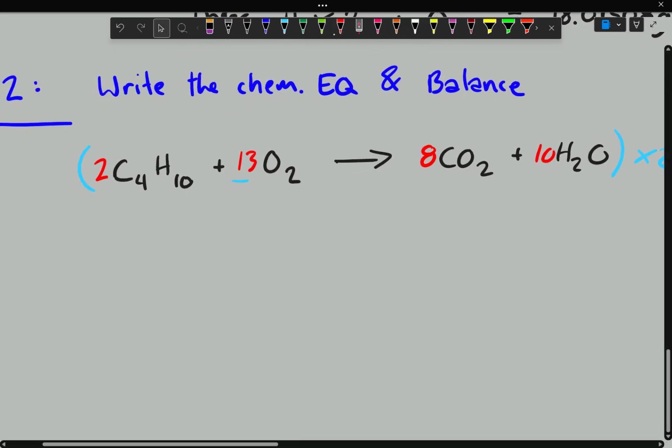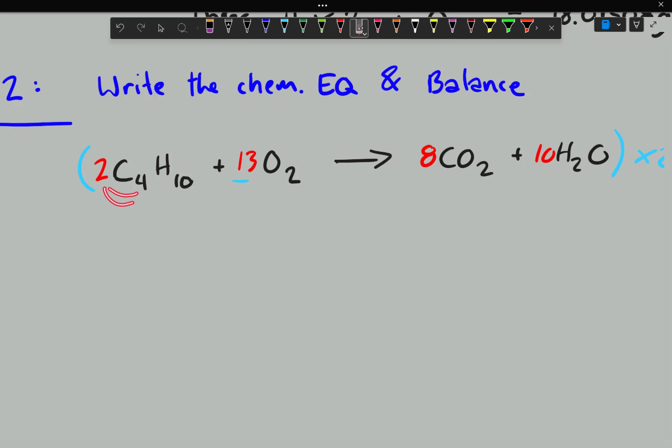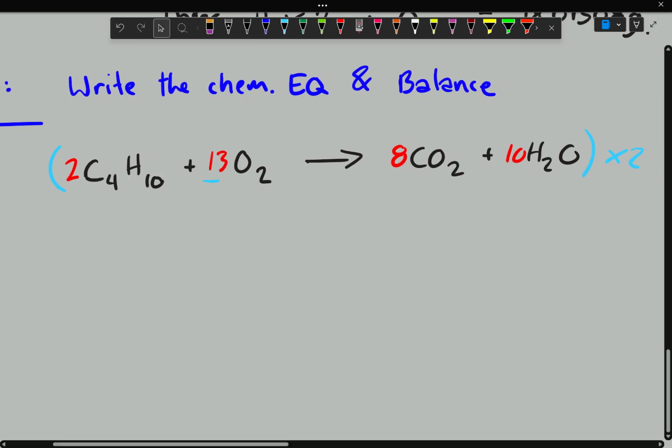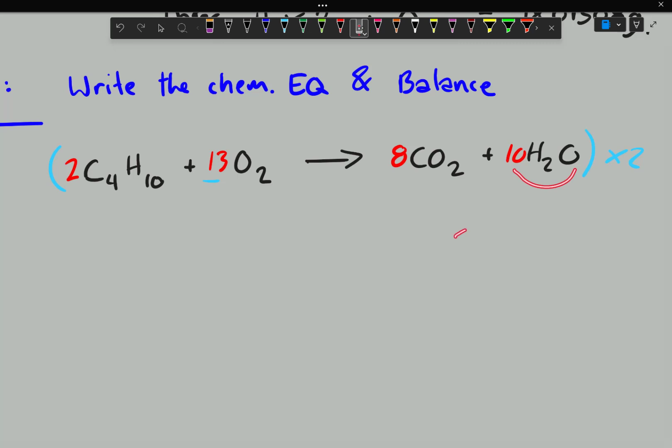So to double check, if we multiply this out, that gives us 8 carbon and 20 hydrogen and 26 oxygen. So as we can see here, 8 times 2, that gives us 16 oxygen, plus 10 oxygen, that gives us the 26 oxygen we have, and then 8 carbon and 20 hydrogen.